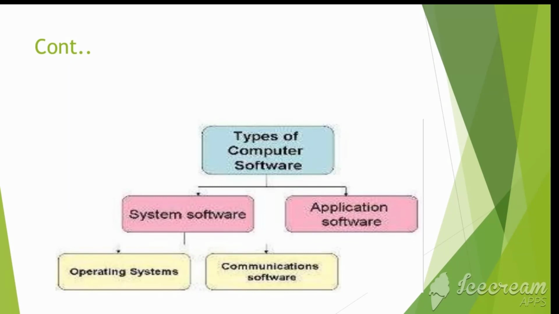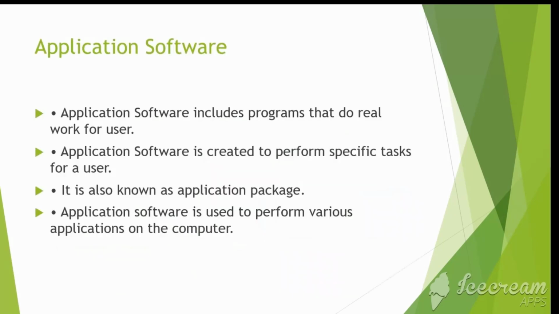You have types of softwares, then you branch into system software and application software. Under system software, it also branches into two: communication software and operating system software. Let's explain them in more depth to understand exactly what we mean here.